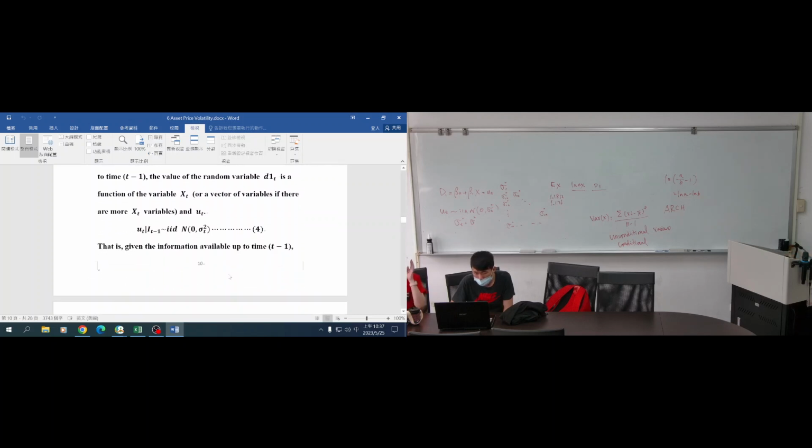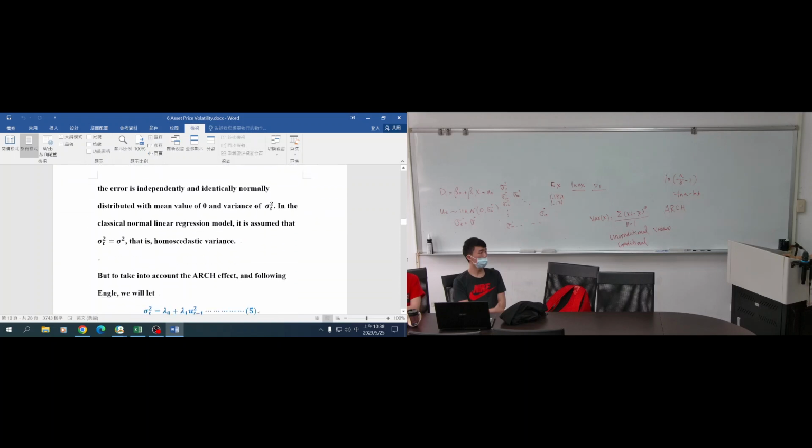Okay, and look at this one. This is what we call the variance equation. The variance, if we consider the past information, so I_{t-1} is the previous period's information, then actually this is normal distribution with mean equal to 0 and the variance sigma t squared. So if sigma t squared equals sigma, this means homoscedasticity without heteroscedasticity.